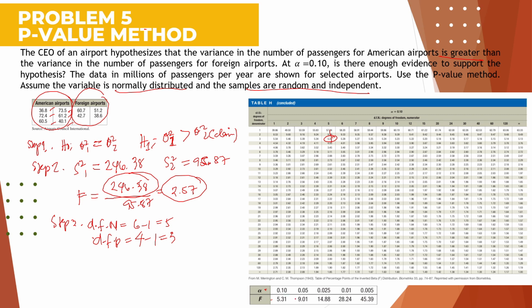They are in inverse proportion. So when the F is getting smaller, the alpha is getting bigger.